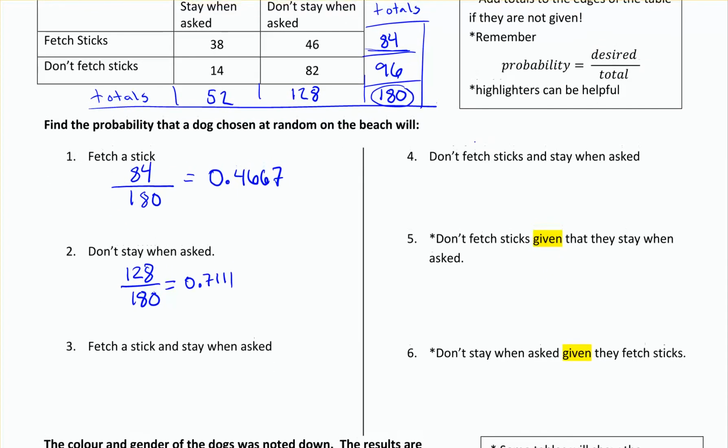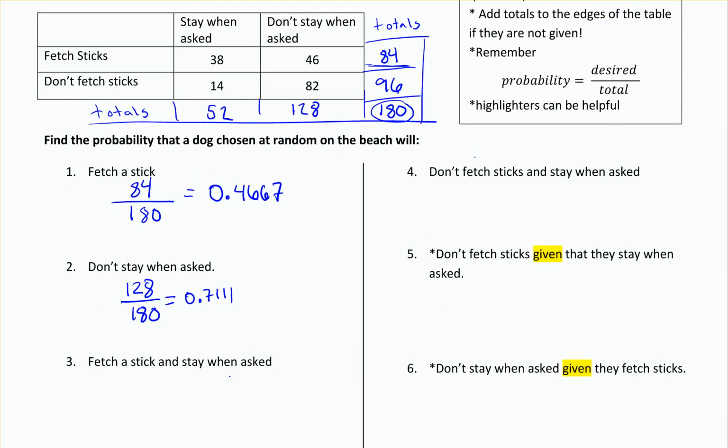For number 3, what's our probability that a dog randomly selected off the beach will fetch a stick and stay when asked? So if we're looking for fetching a stick and staying when asked, we need to think about, well, two things. They've got to be able to fetch the stick and stay. So fetching the stick and staying, that's just those 38 dogs there.